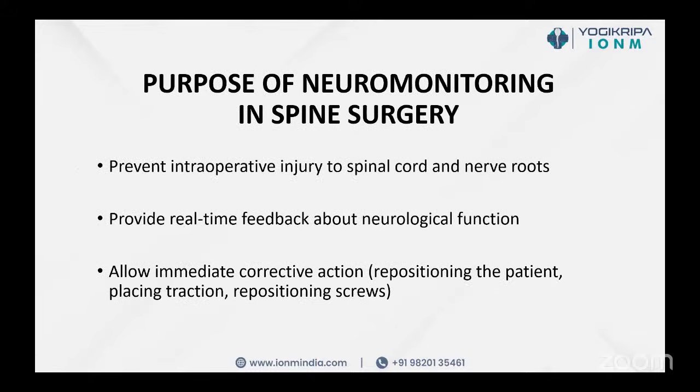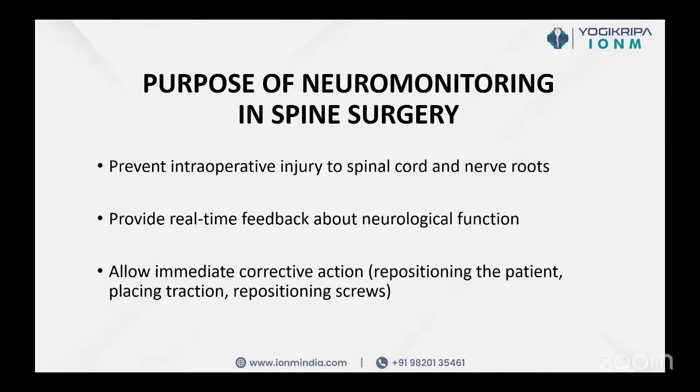The purpose of neuromonitoring is to prevent intraoperative injury to the spinal cord and the nerve roots. It provides real-time feedback about the neurological function, and it allows immediate corrective action. For example, after positioning, if the signals have dropped compared to what we had taken in supine, then we have to reposition the patient.